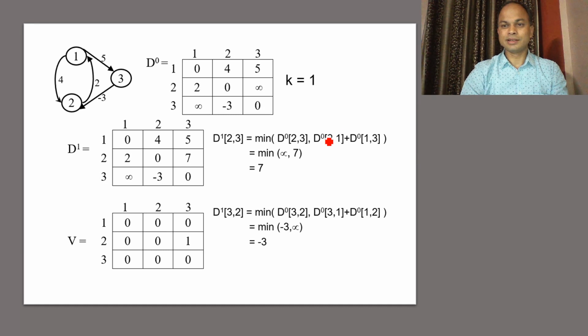In step 1, we are using k equals 1, I mean up to 1 vertex may be an intermediate vertex. D0 we have already calculated. Now we are computing D1.